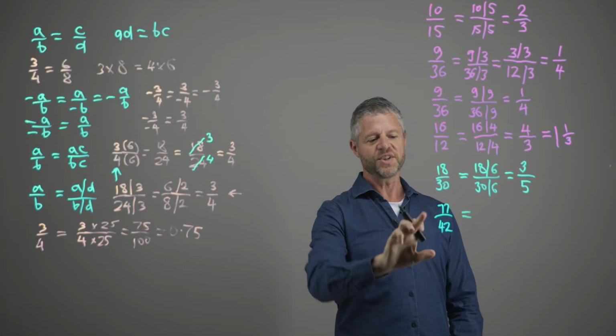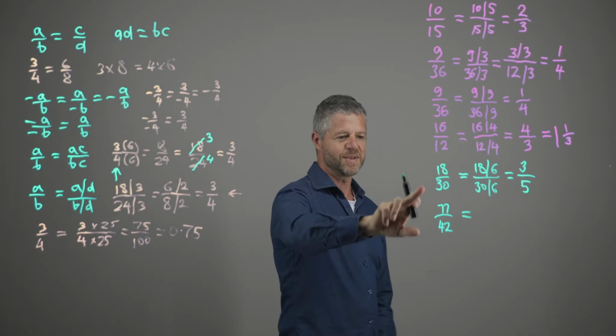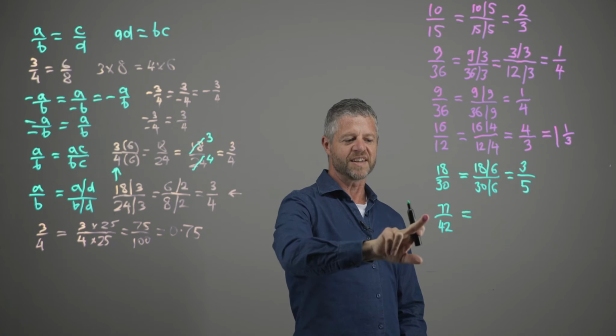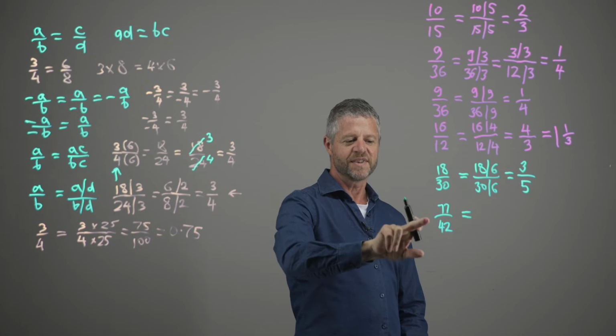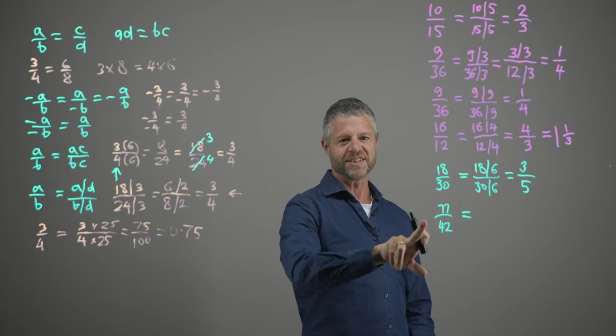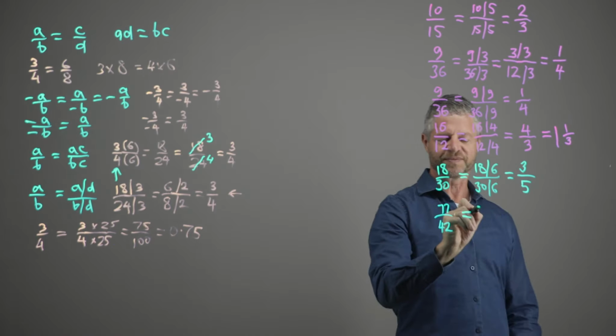77 over 42, maybe a slightly more challenging example, because people often don't like their 7 times table, but 7 is the common factor in this case.